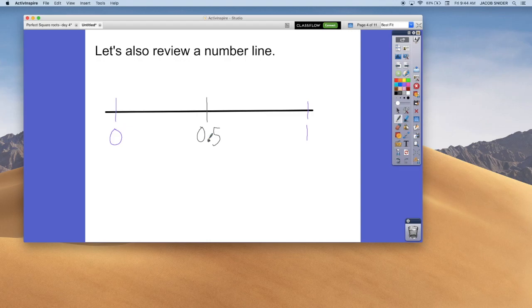What about right here? That would be 1/10 or 10 cents. Right here, 0.2, right here 0.3, 0.4, 0.5, 0.6, 0.7, 0.8, 0.9. So there are all those points in between 0 and 1 that we need to remember.